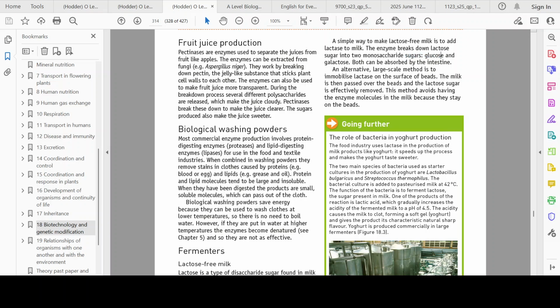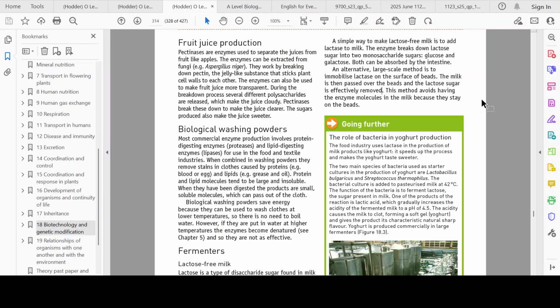Another benefit over here is that the lactase that's used is in the form of immobilized lactase on the surface of beads, right? And so the milk is passed over the beads so that the lactose sugar is digested. And so this way, the enzyme molecule is not utilized. It can be used for many different batches because, as you know, enzymes are not used up. It's a catalyst, so it does not take part in the reaction.